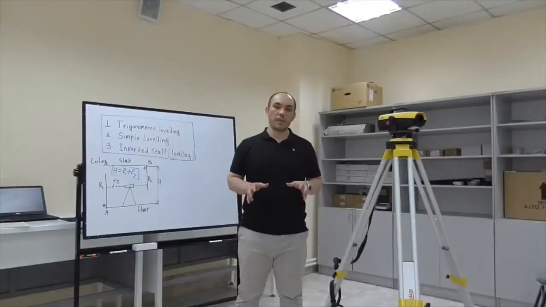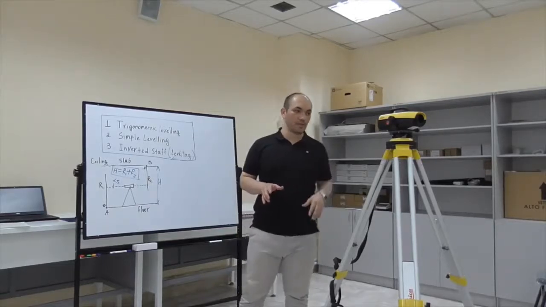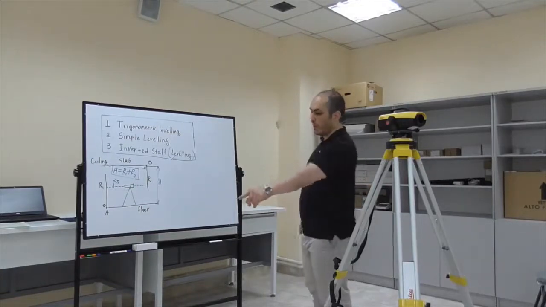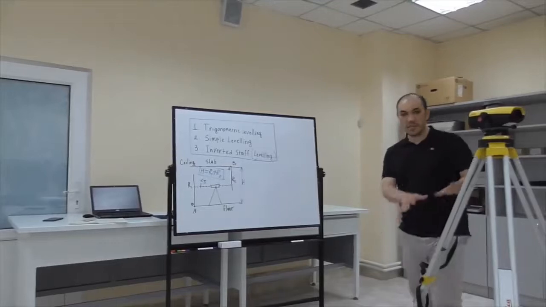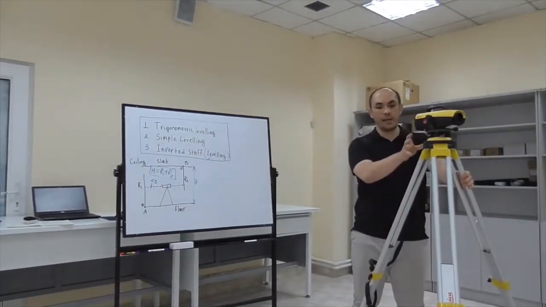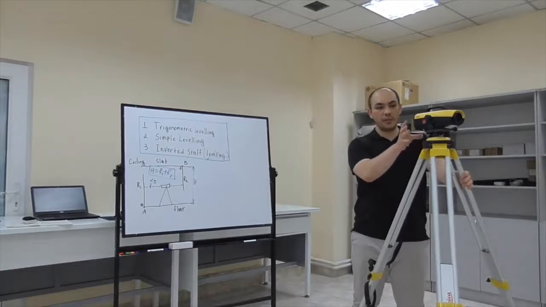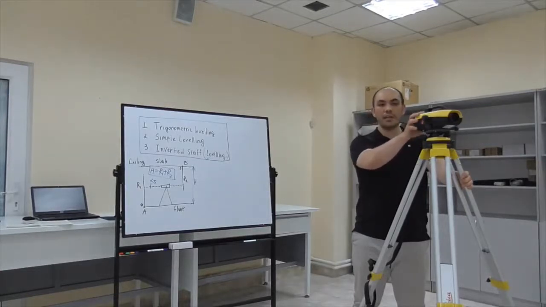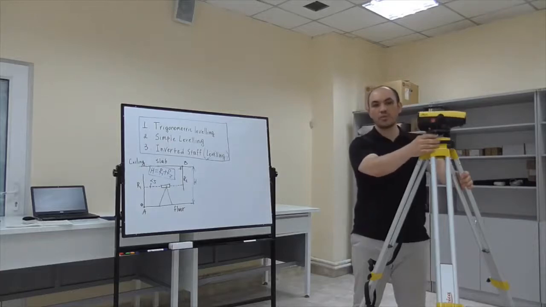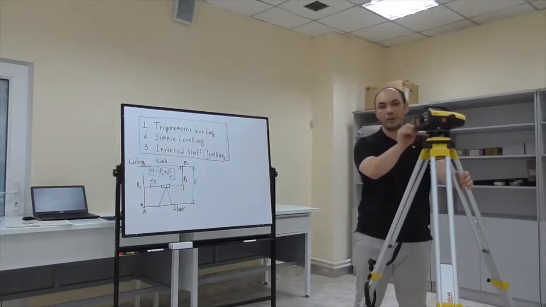The first thing, I have to install my leveling instrument at approximately half the distance between point A and B. Second, I have to level my leveling instrument using the leveling screws and the circular air bubble.